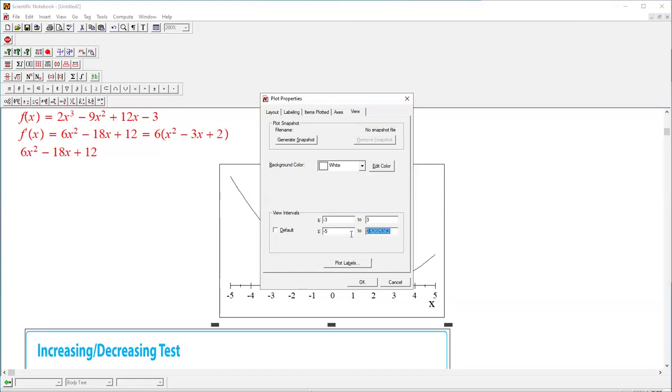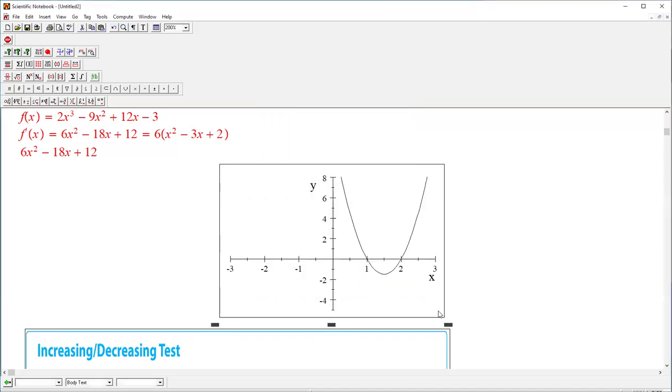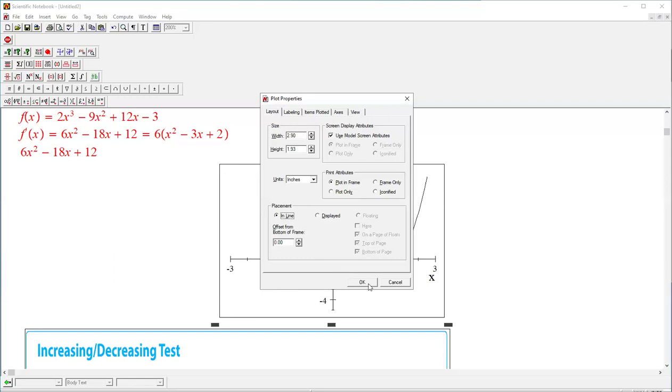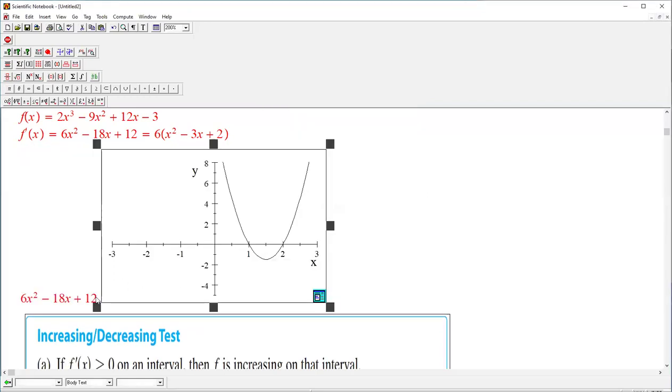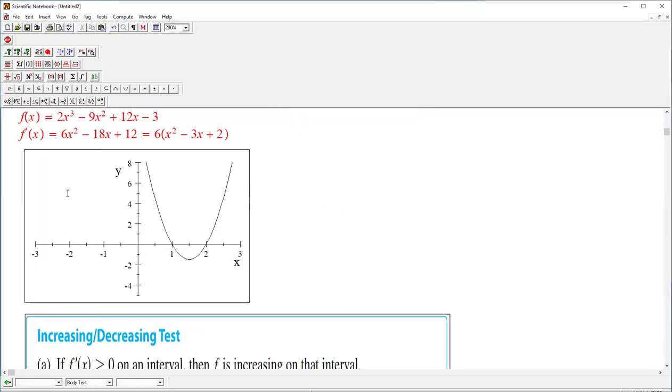The x-intercepts are going to be the critical numbers. The critical numbers are found by setting the first order derivative equal to 0, and of course you can factor this.